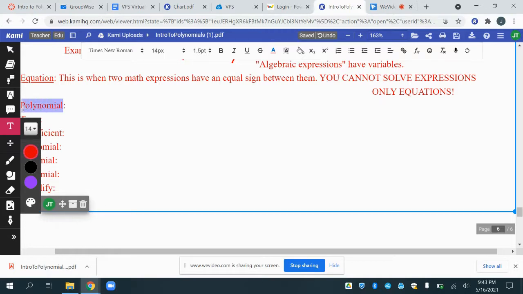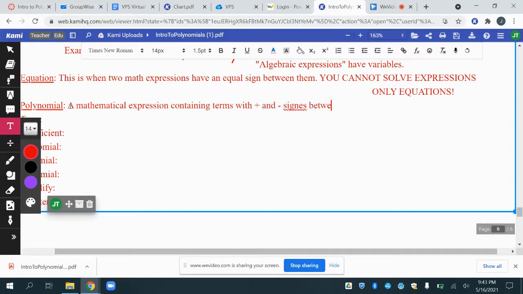A polynomial is a mathematical expression containing terms with plus and minus between them.